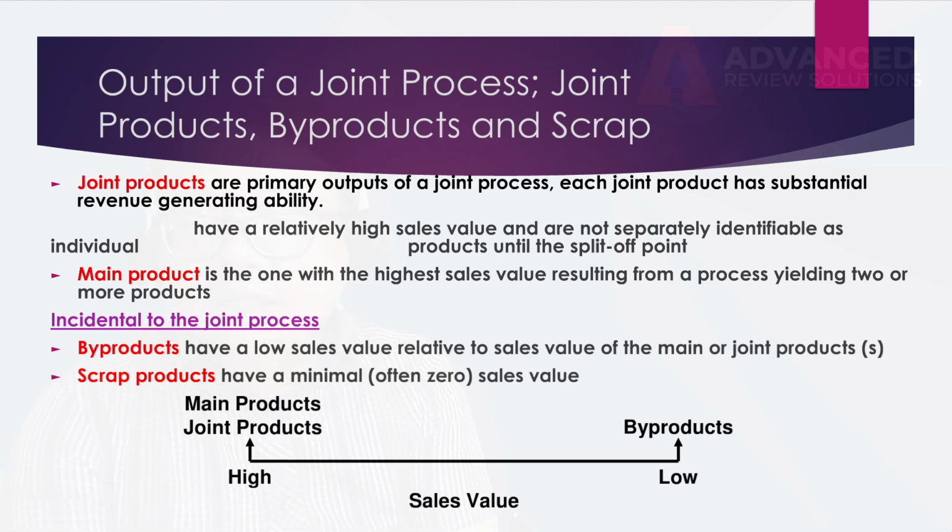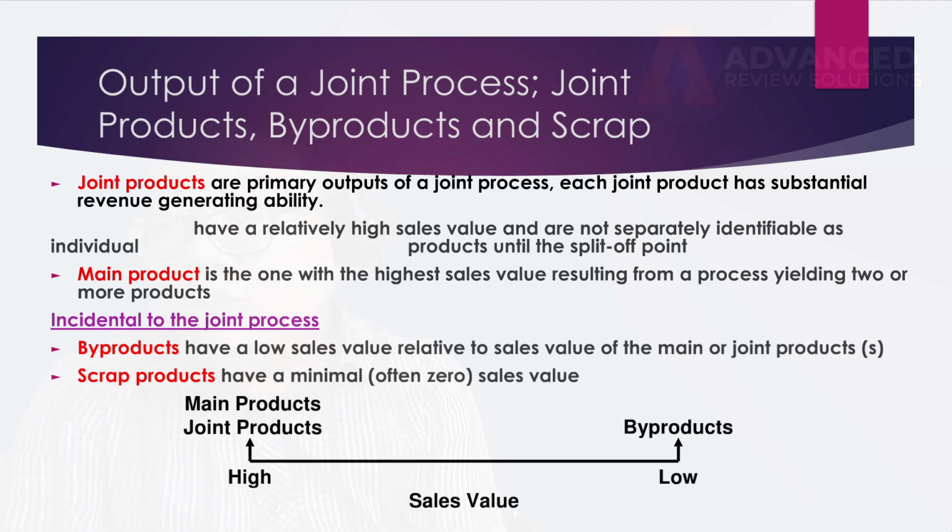Meaning to say, the joint products here are the output of a joint process, and as a matter of fact, they have a high value, right, class? They are not separately identifiable as individual products until you have the split-off point.